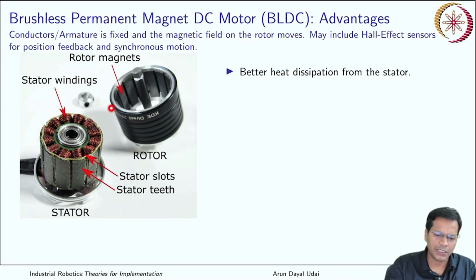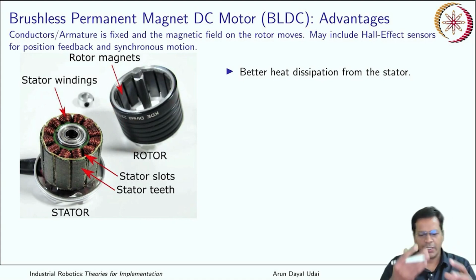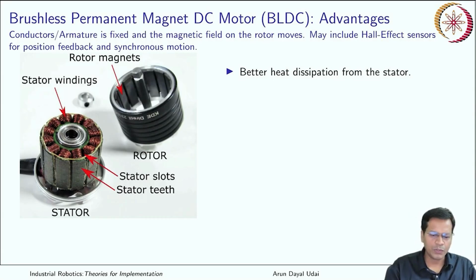These magnets are fitted in the inner periphery of the rotor, which is going to rotate. That is the armature. Then you have slots where you can have those windings. Each of these slots has windings that create a rotating magnetic field.